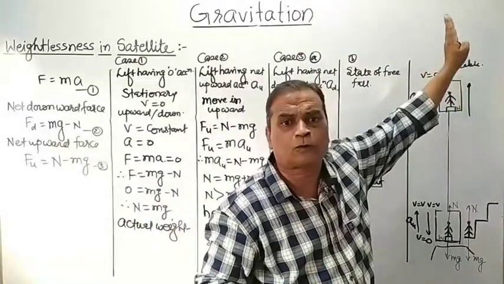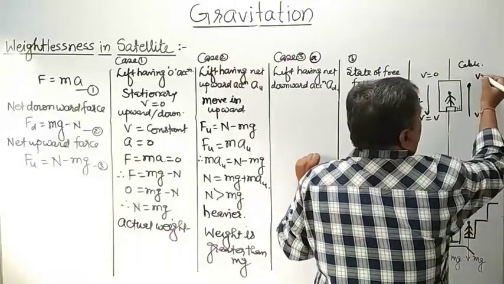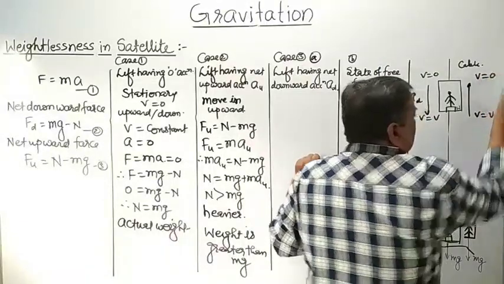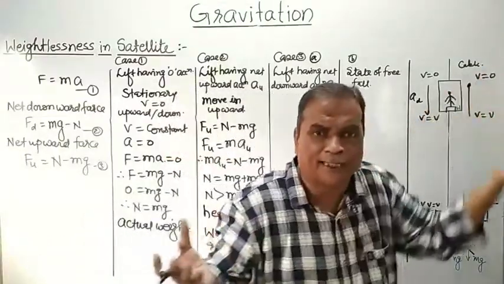Lift is about to stop. About to stop means here lift is having velocity v, and when it reaches to the highest floor, its velocity becomes 0. So you may say that lift is undergoing retardation.